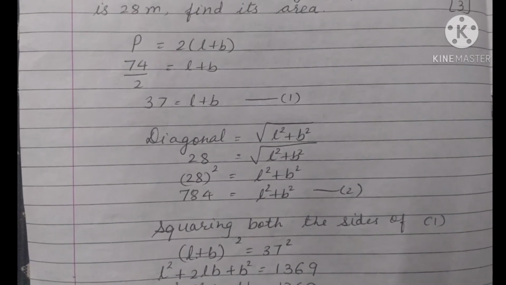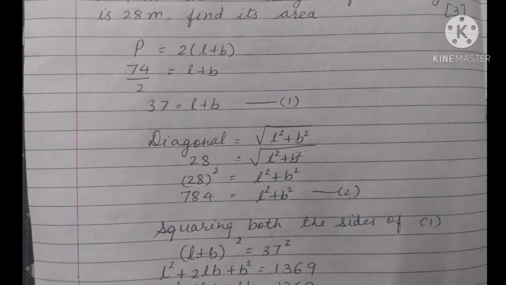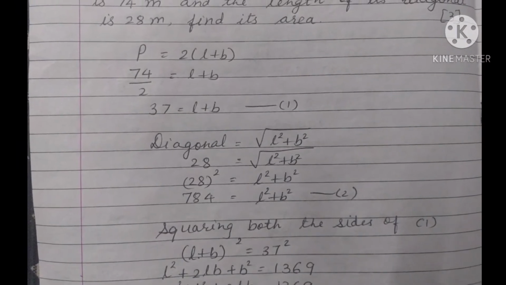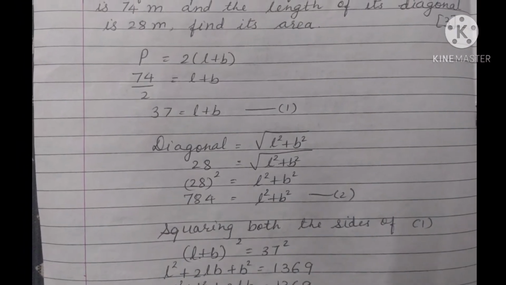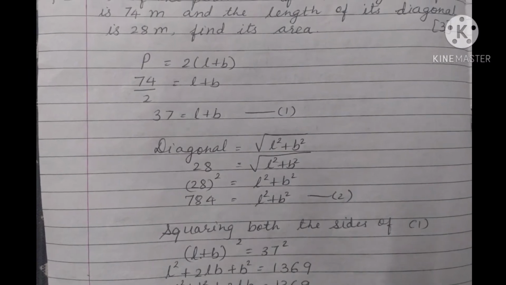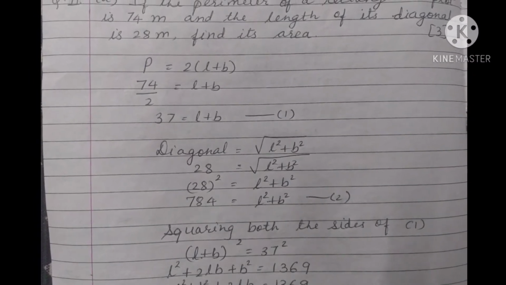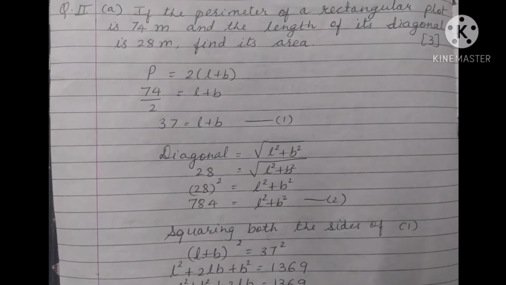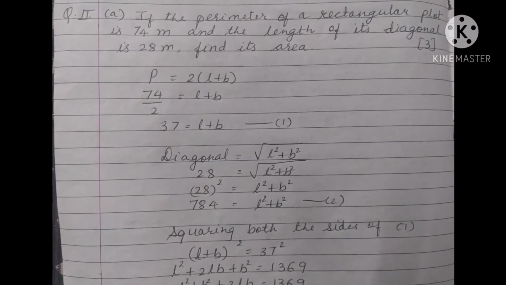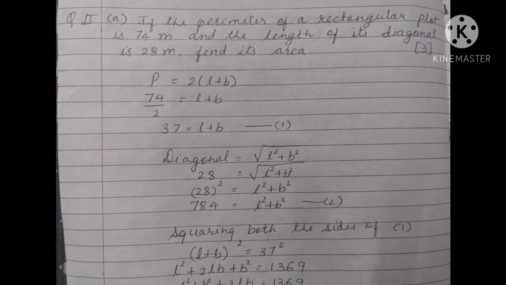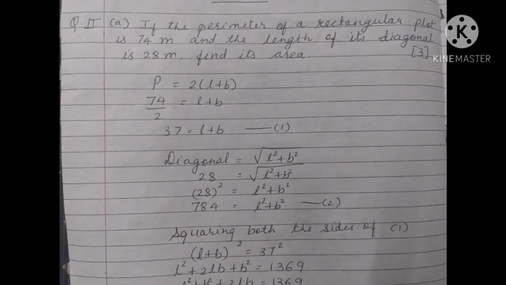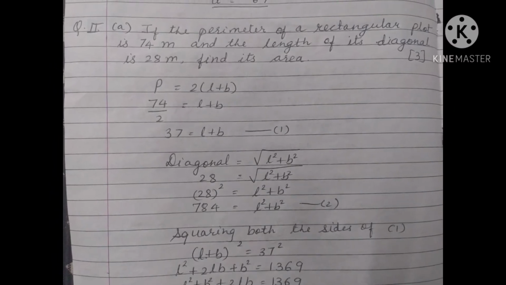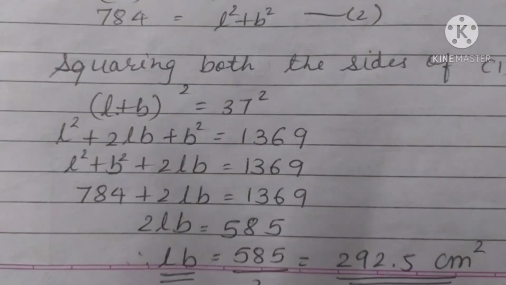So squaring the first result both the sides, we get L plus B whole square is equal to 37 square. Now expanding L plus B whole square as L square plus 2LB plus B square is equal to 37 square, which is 1369. Now students, taking L square and B square together, and 2LB you keep separately as I did here.